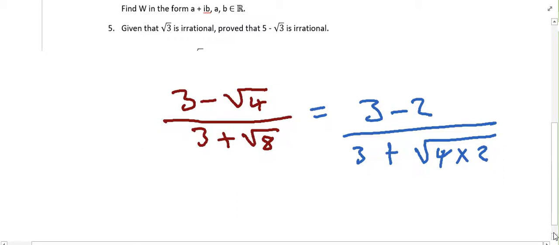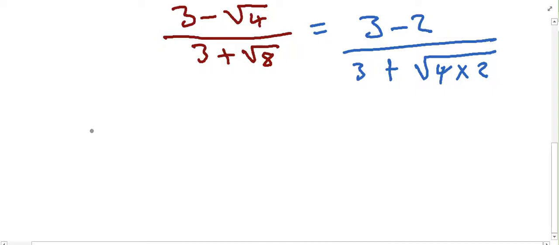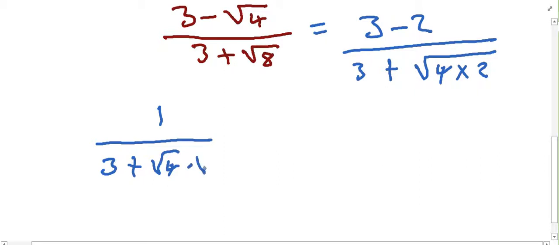So if you have that, you can simply work it out. 3 minus 2 is 1 over 3 plus square root 4 dot square root 2.